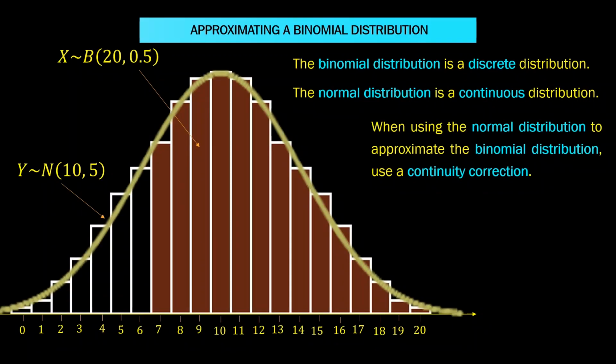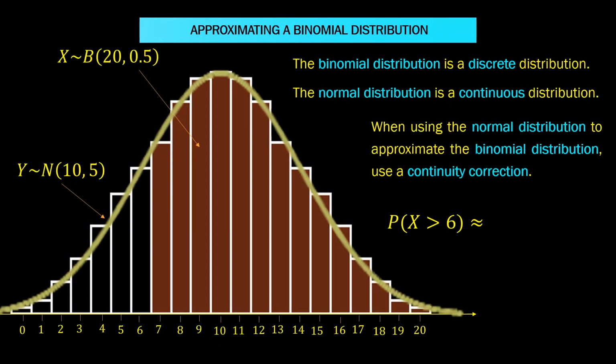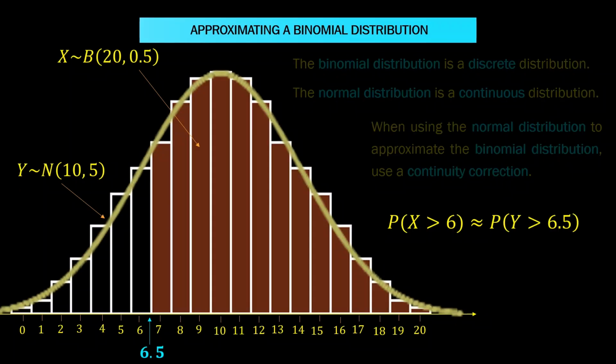So for example, if we want to find the probability that x is greater than 6, then this is going to be approximately equal to the probability of y being greater than 6.5.